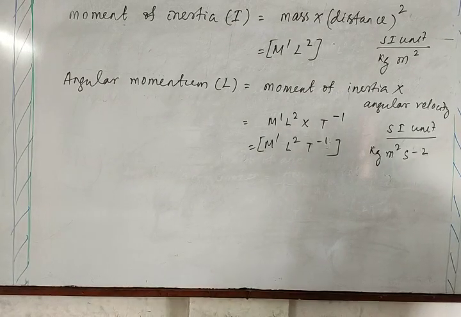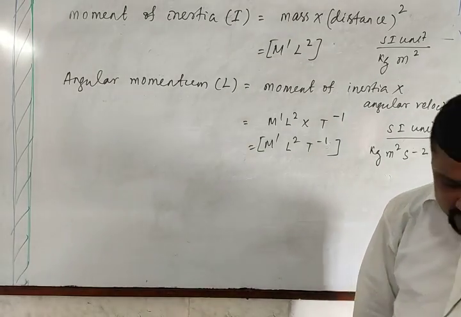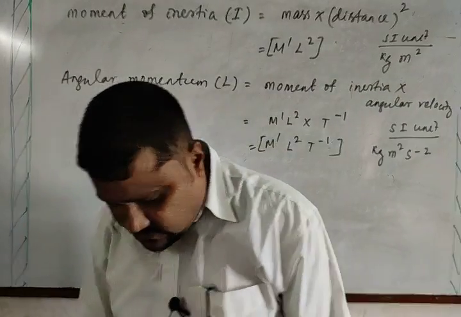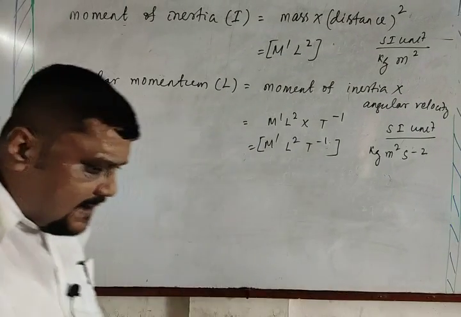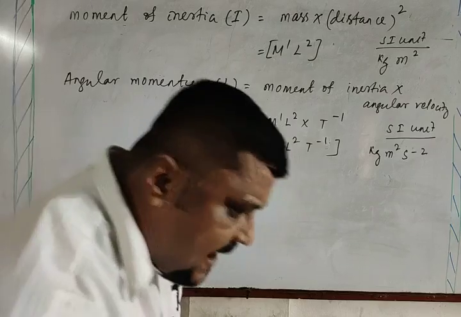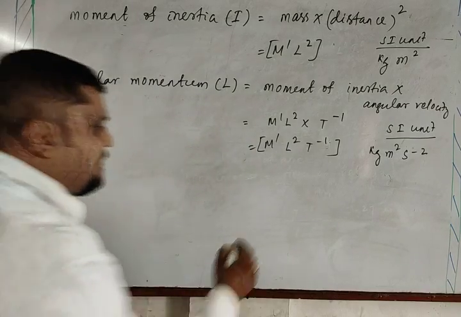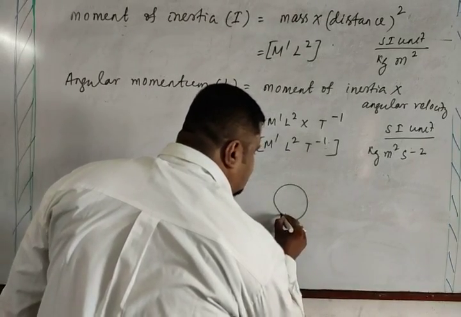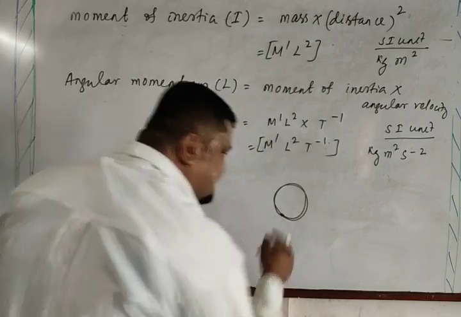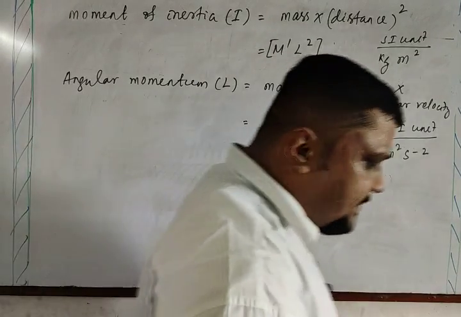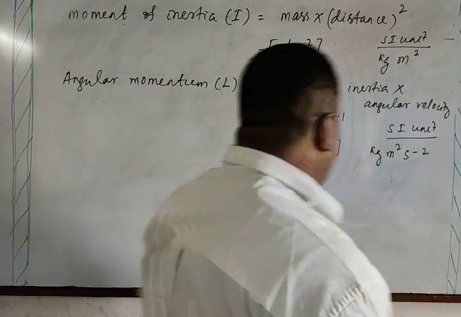Okay. Similarly, the next quantity is your time period. Already you know what the time period is. Time period means the total time taken by a body to complete one rotation. If I complete one rotation, from here I start and I come back to here, the total time taken is called the time period, and the time period is the same as time.